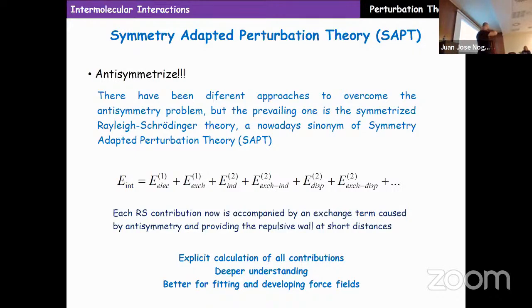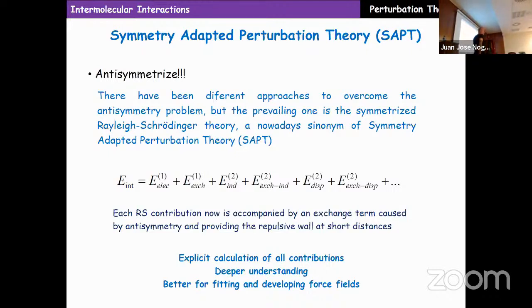Let's go on. I have to go faster because otherwise I will not be able to cover everything. Well, the problem, anti-symmetrization. We need to anti-symmetrize our wave function. Of course, we need to include the repulsion, the Pauli repulsion. Okay. How do we do that? Well, there are different strategies, but the most standard is symmetry-adapted perturbation theory.